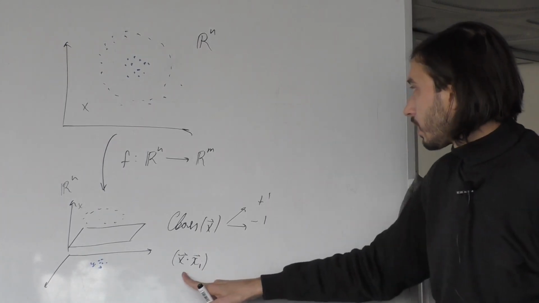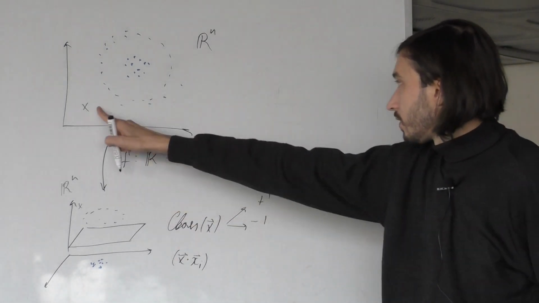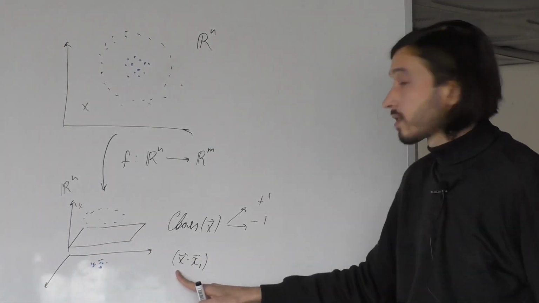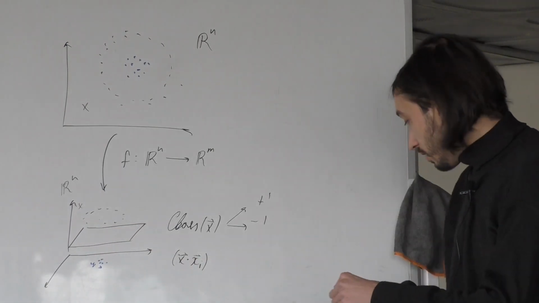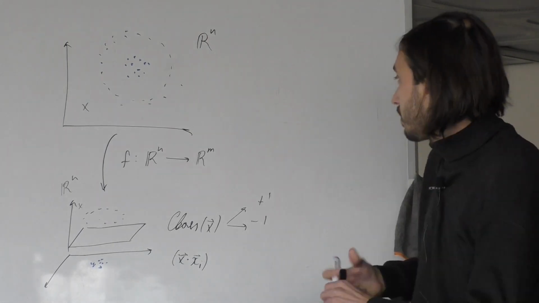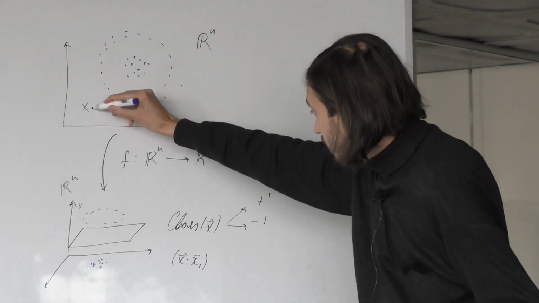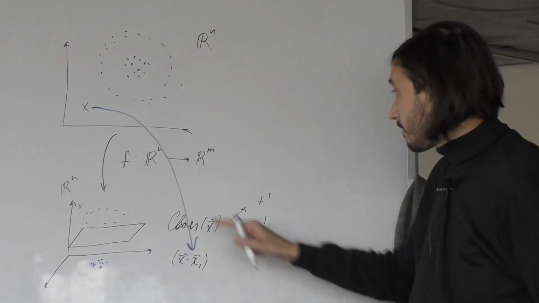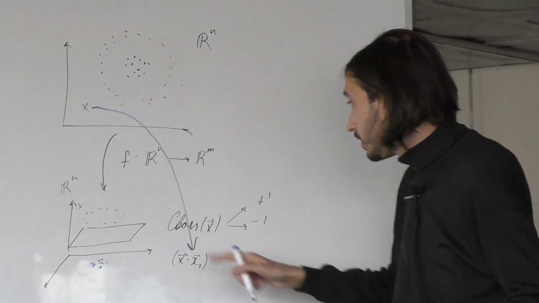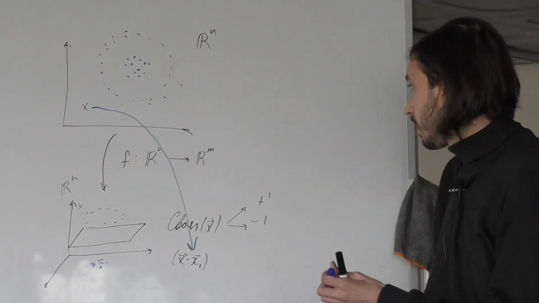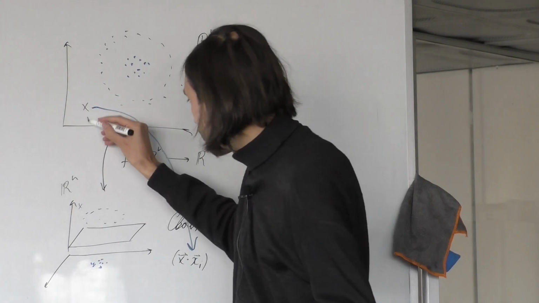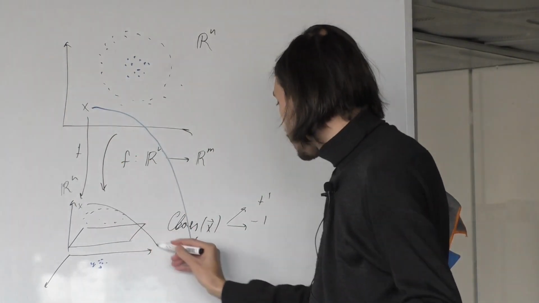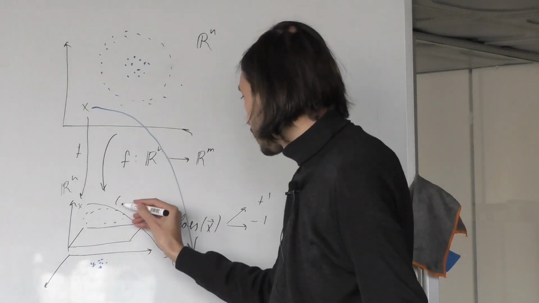So I can think, why do I calculate this function on my data point to transfer it here and then calculate all these things? Maybe I can avoid that altogether and get from here directly to here. Before, I was using f to get in here, then I was using the scalar product to get in here.